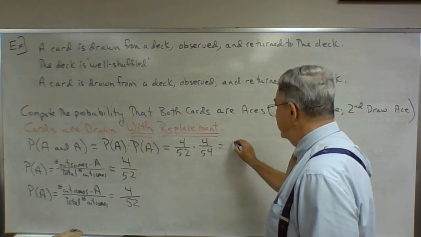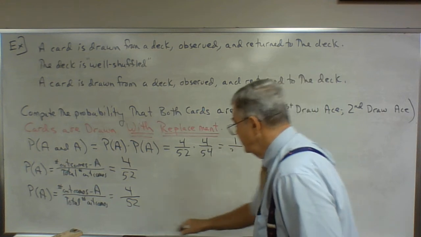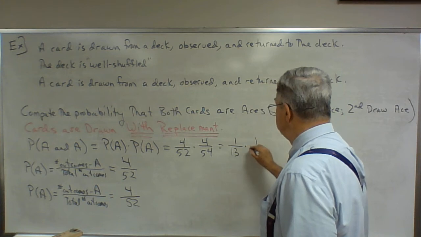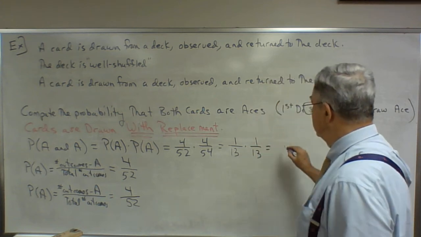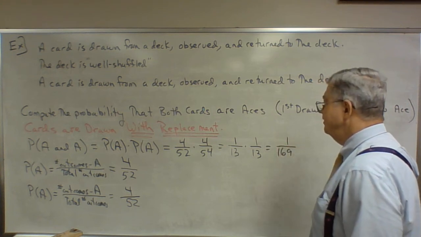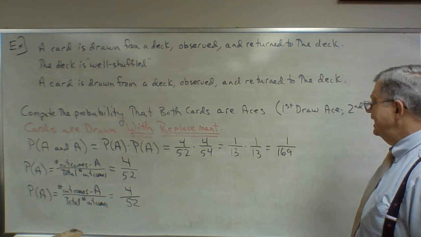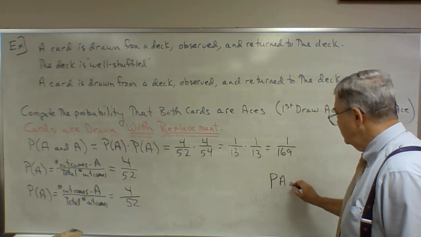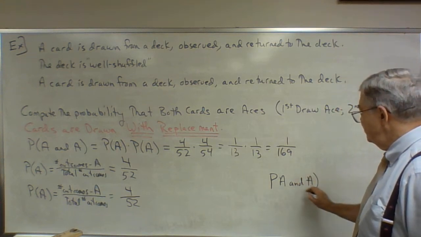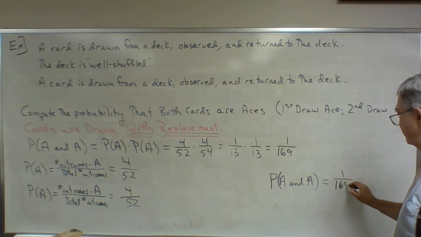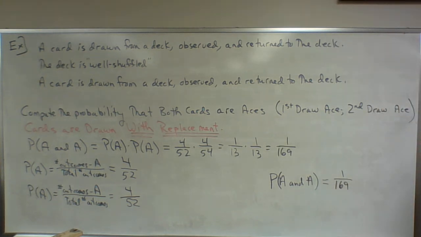Let's reduce these fractions. 1/13 times 1/13, that's 1/169. Probability of getting an ace on the first draw and getting an ace on the second draw, 1/169. And let me just encapsulate that result in a red box so that we are absolutely sure what the answer is. No misgivings here.